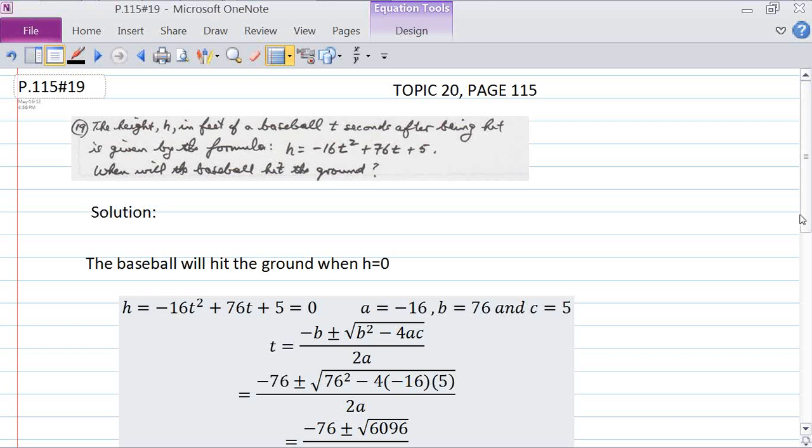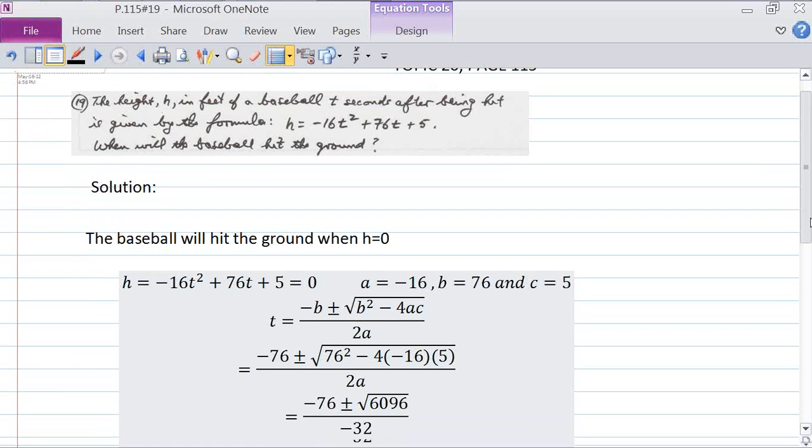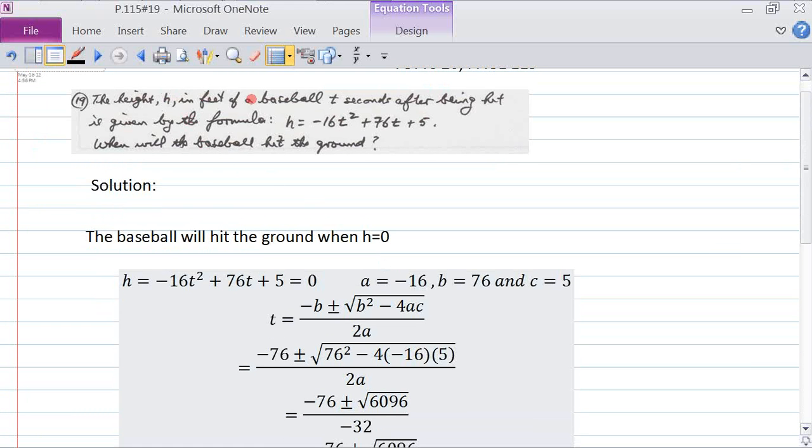So the last problem on this page tells us the height in feet of a baseball t seconds after being hit is given by the formula h equals minus 16t squared plus 76t plus 5. When will the baseball hit the ground?